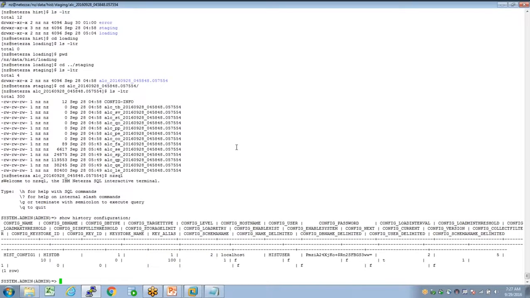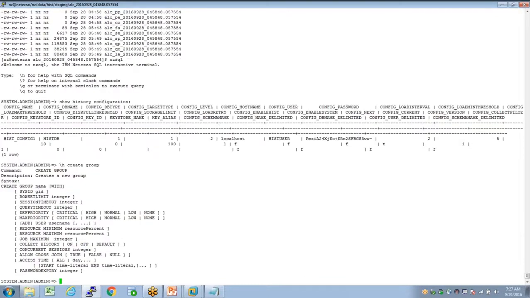You remember this create group syntax? Ravi, a group is like a role. There is no separate concept of a role. A group is equivalent to a role here.